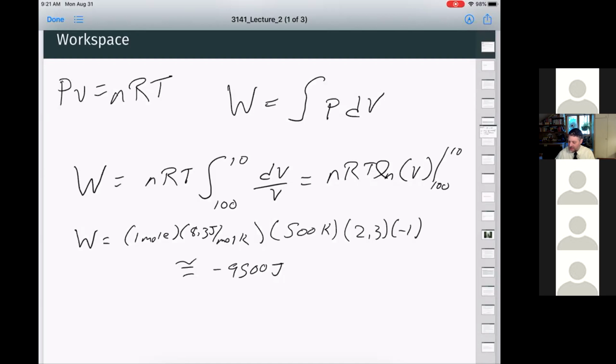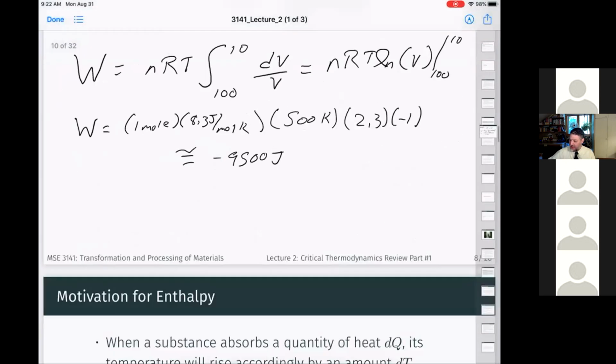And the direction of spontaneity is, of course, the one that lowers Gibbs free energy, but that's also the direction that gives us an entropy increase. And we can think about this compression of a gas or expansion of a gas again as a way of motivating the Gibbs free energy.